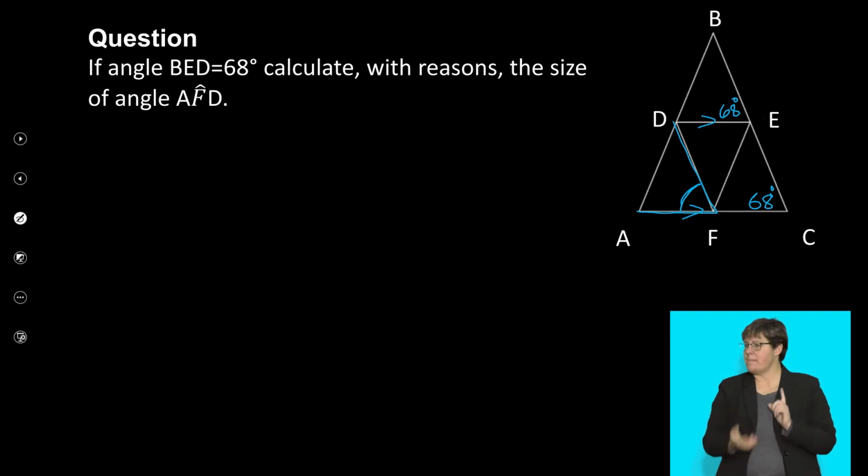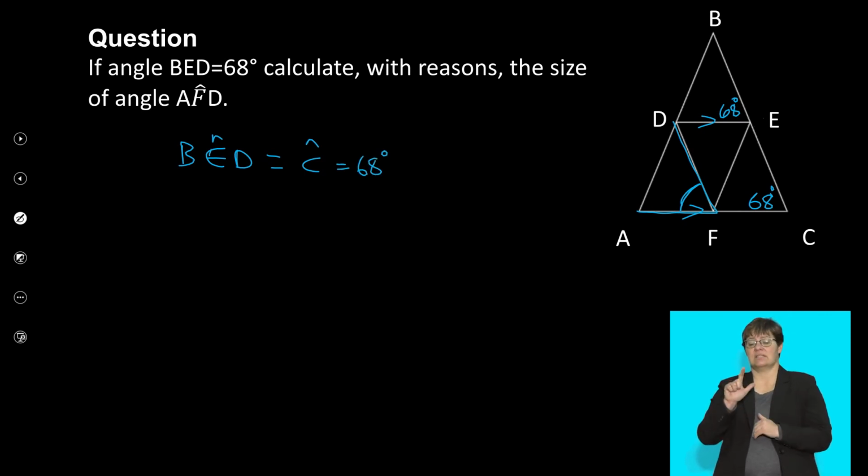For me to find that angle, already that angle is actually equal to C because DF is parallel to BC. But let me write it for you first. So I will then say, firstly, BED is equal to angle C, which is equal to 68 degrees, and this is corresponding angles, right? Because DE is parallel to AC.